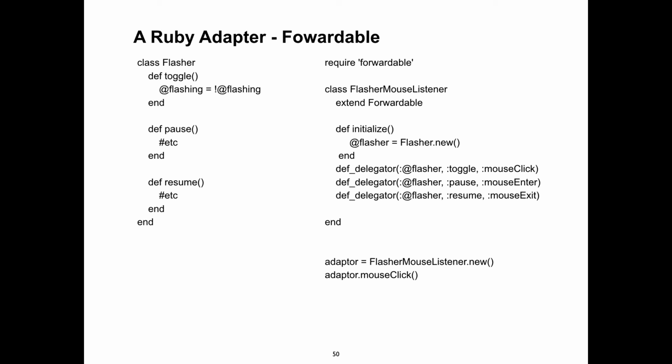Mouse exit calls resume. Because all we had is a mapping, and mouse click calls this function. So if you've got a simple mapping like this, it's basically a table lookup. What do we do? And this one we do that. And so in Ruby, we can create that table and simplify what's going on.